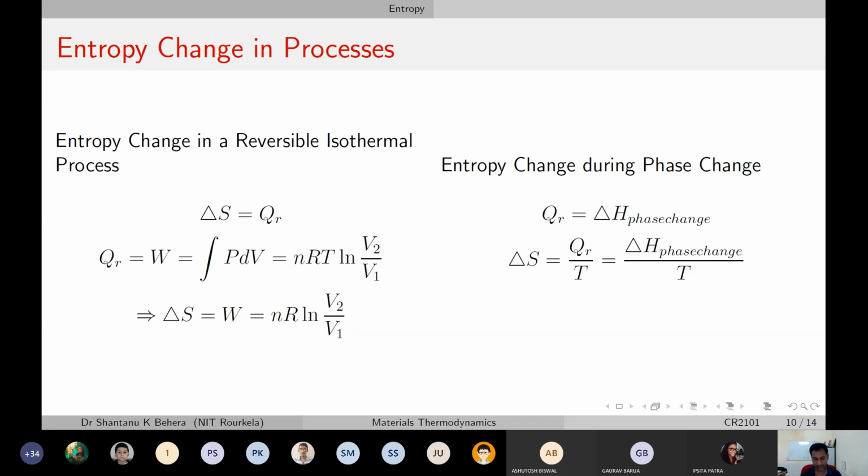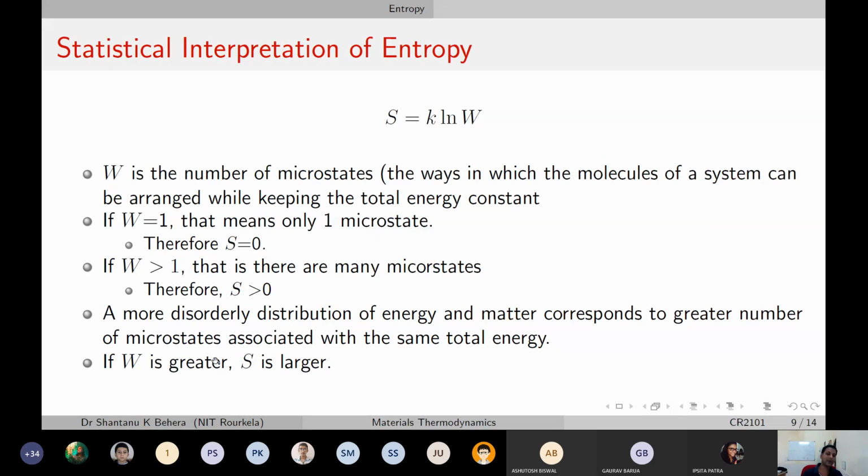Okay, if that is so, let's bring a contrast between the number of microstates available in a solid system, a liquid system and a gaseous system. You naturally see that the number of ways energy can be distributed in a solid is rather limited. The atoms and molecules have fixed positions, and they don't change much other than vibrating about a main position.